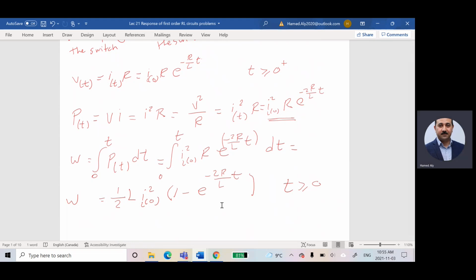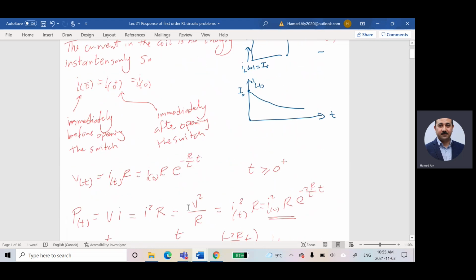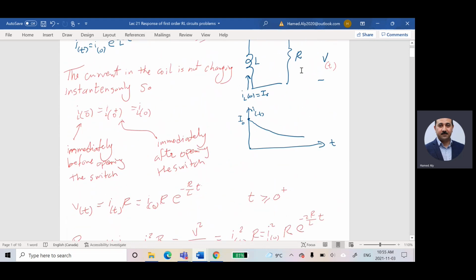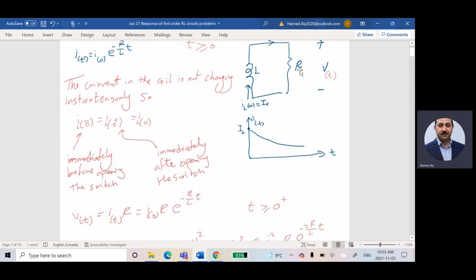So this is opposite to what I understood. Why? Because from the beginning, if you still remember, I told you I'm calculating the voltage across the resistor. So this equation is giving me the energy given to the resistor. At t equal to 0, there was nothing across this guy. This is logical.